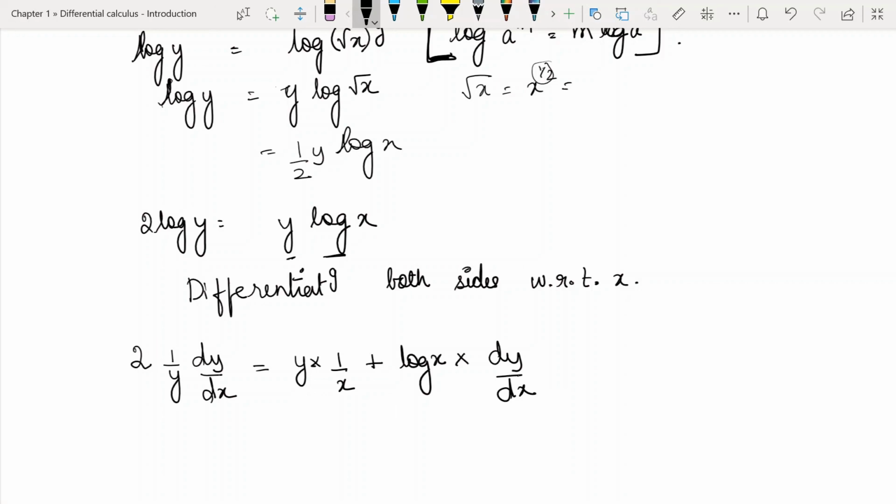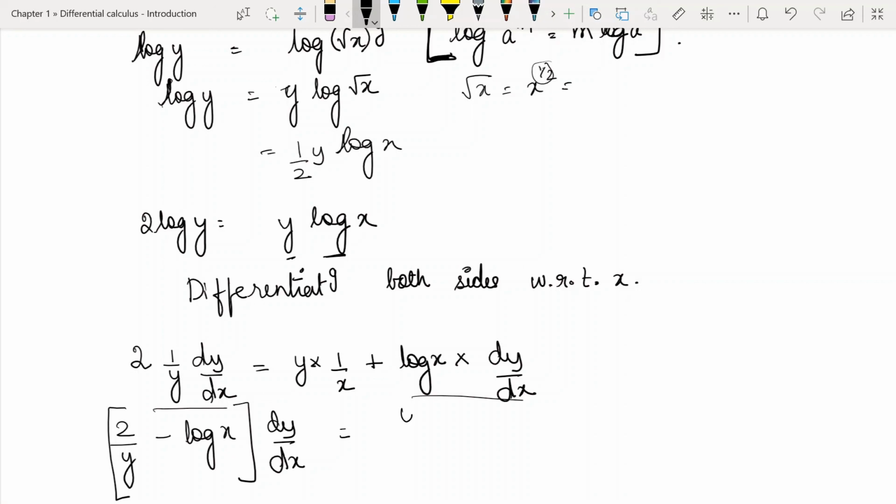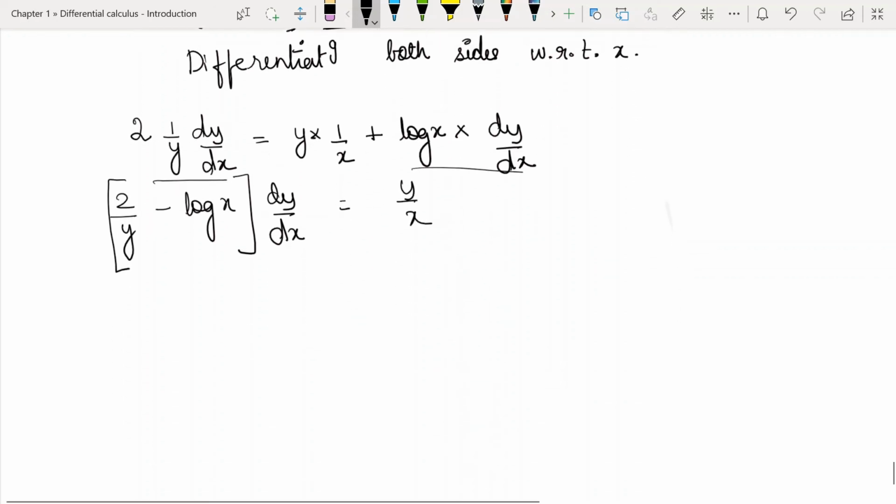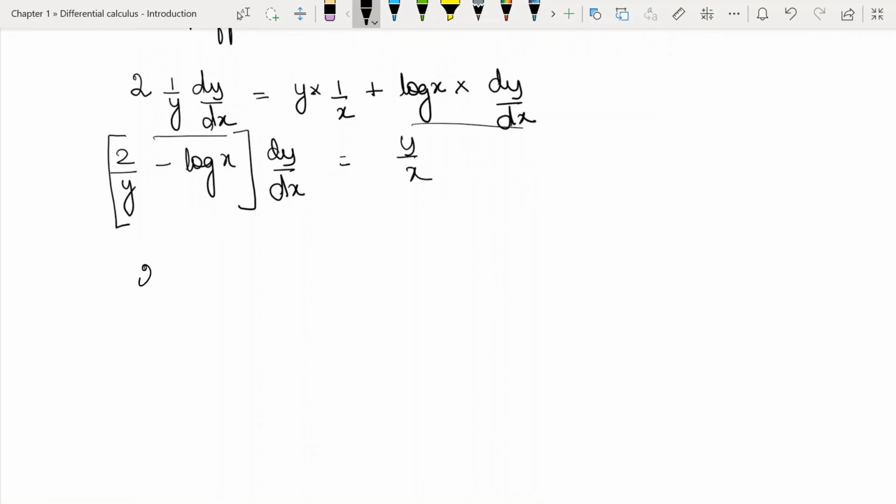Now let me combine all the dy by dx terms, this term and this term, and bring them to this side. So what you have is 2 by y minus log x within a bracket, times dy by dx, is equal to y by x. The next step, let's take the LCM here. 2 minus y log x divided by y into dy by dx is equal to y upon x.